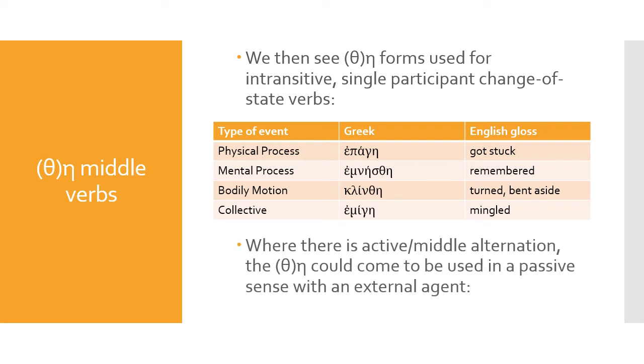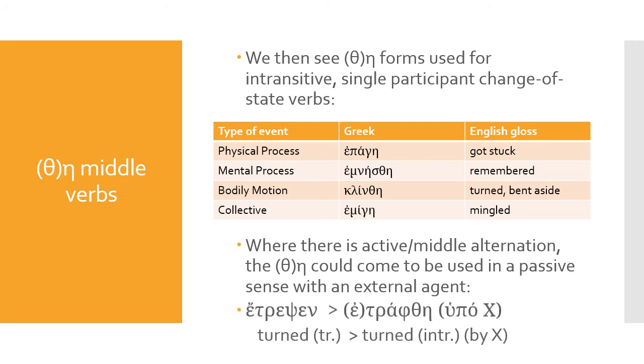Where there is active middle alternation, that is where there is also an active verb, the theta eta could come to be used in a passive sense with an external agent. For example, etrepsen. Etrepsen is the aorist and the transitive version of the verb, turned, when you turn something else. Etrapte, turned, intransitive.